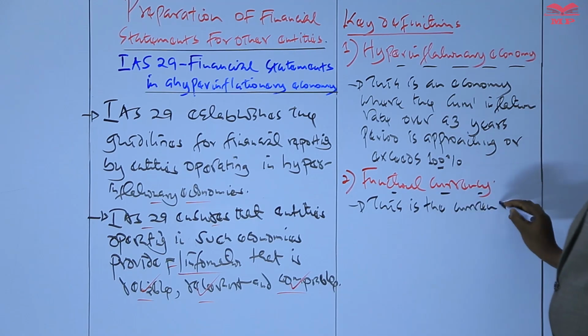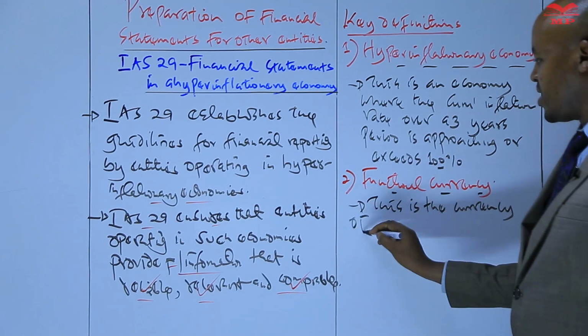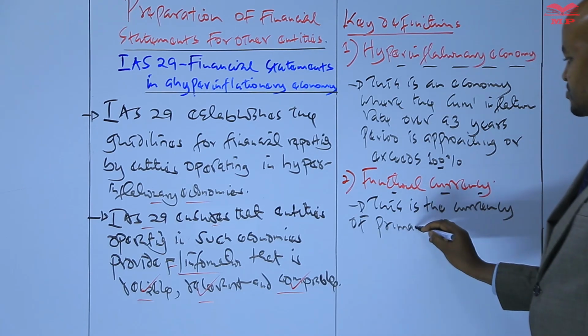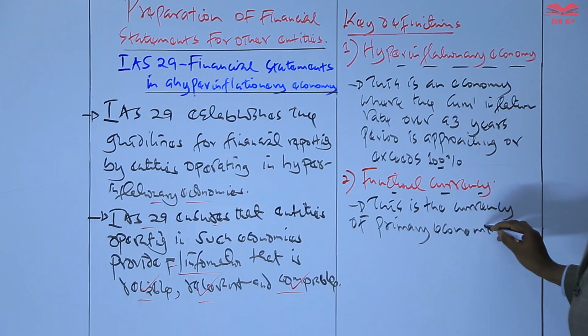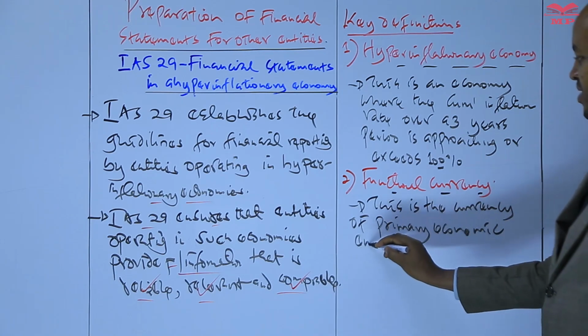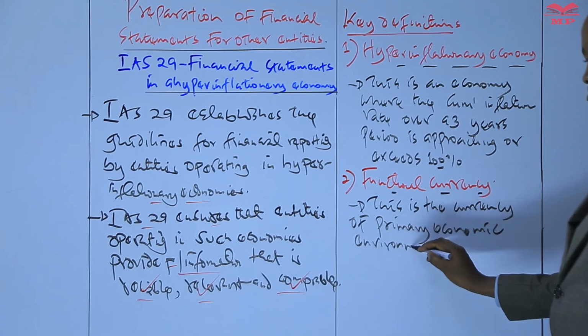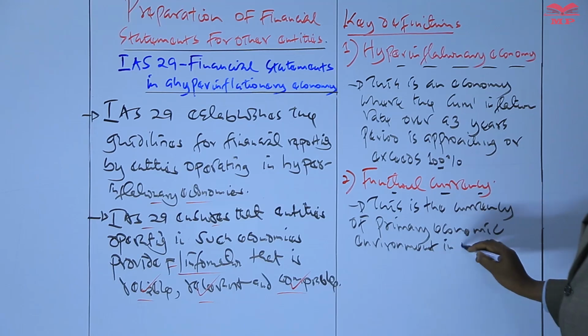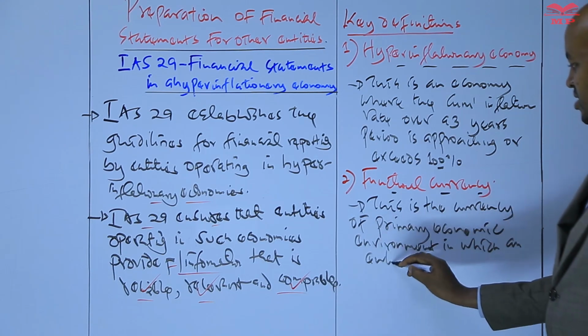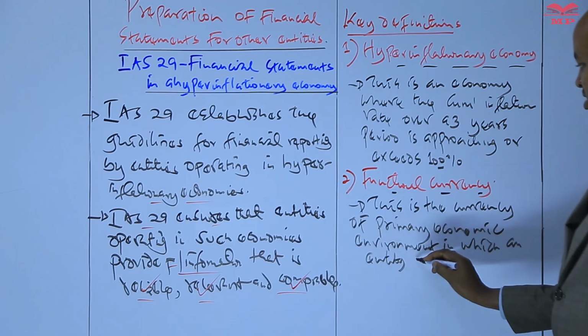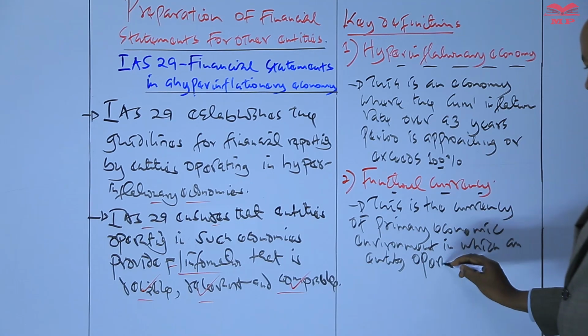So this is the currency of the primary economic environment in which an entity operates.